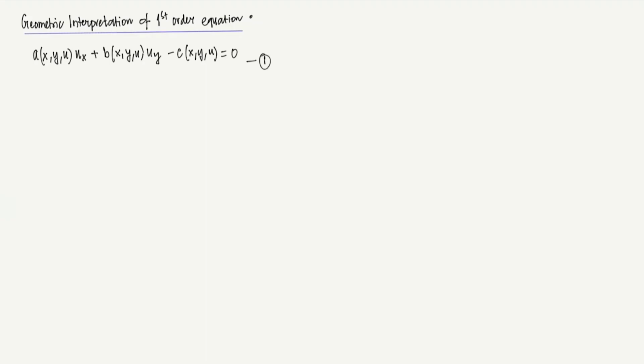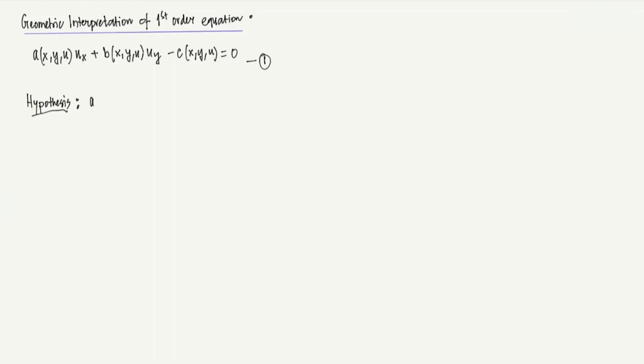Now, let me first recall what we want. Let's say we have some hypothesis. So what is our hypothesis? We are going to assume A, B and C are functions from R3 to R, so we have to put some assumptions in here.